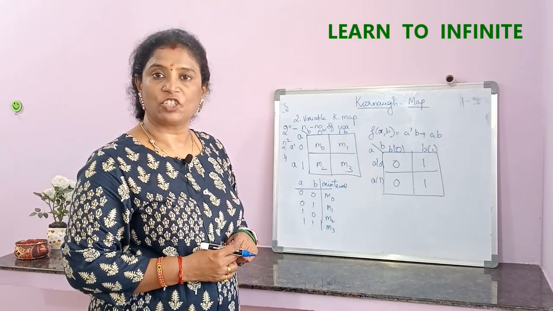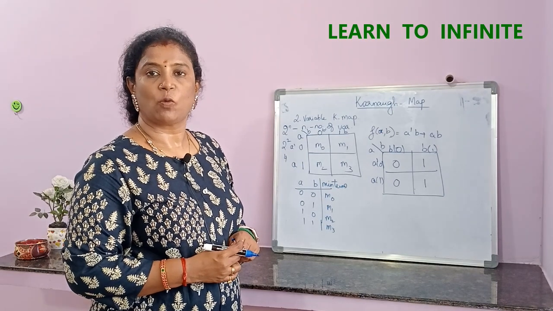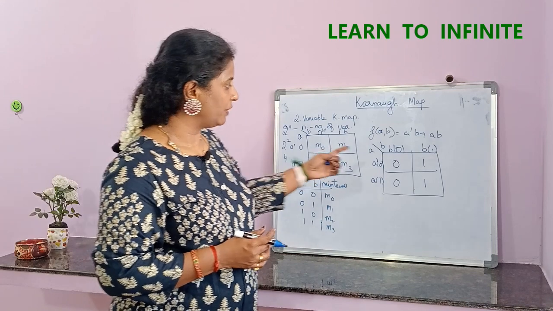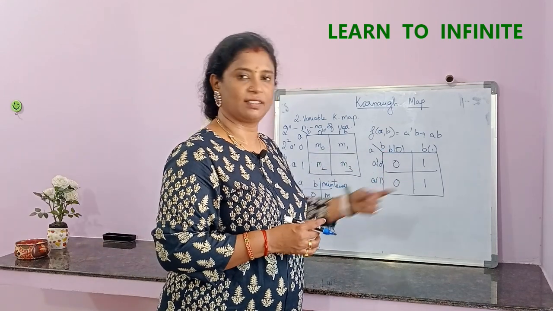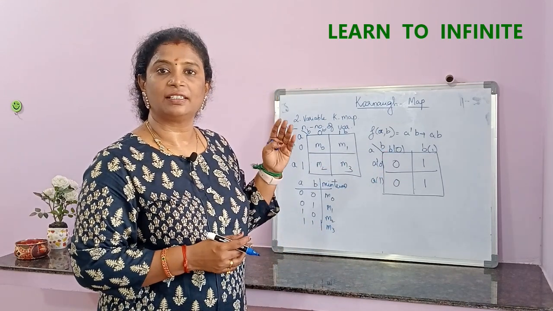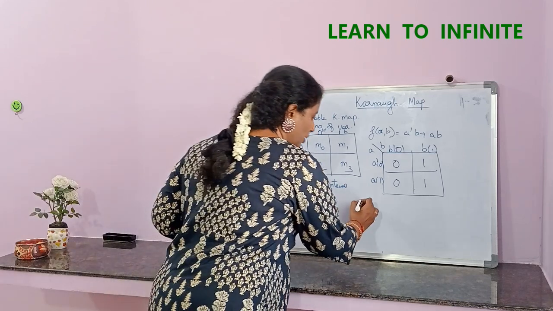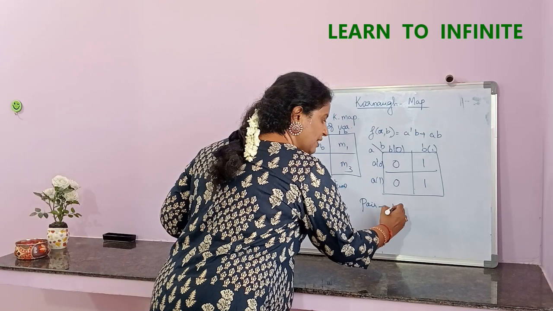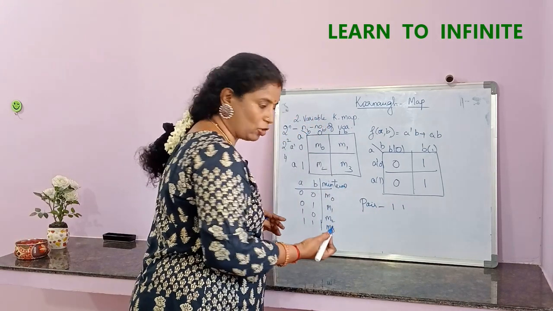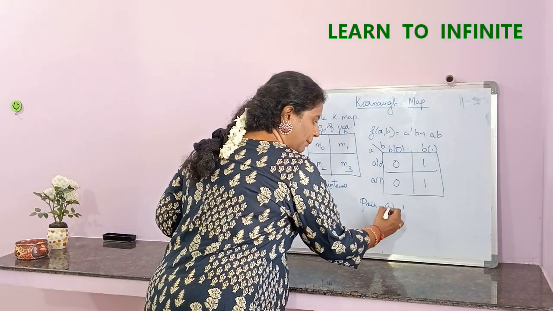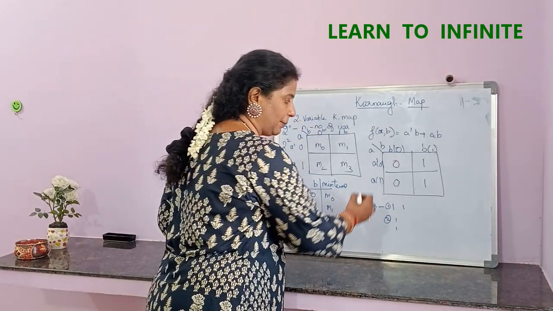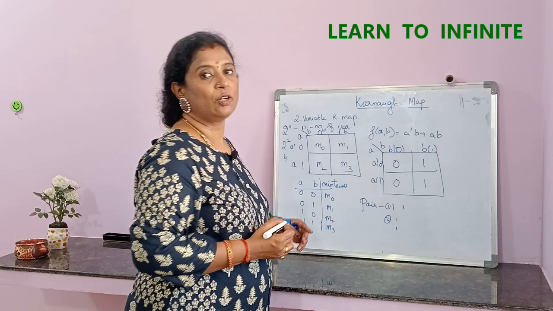Now what we have to do for a 2 variable K-map is first check whether there is a quad. A quad is where you have 4 ones together. Here we don't have 4 ones, we have only 2 ones. So we have to check whether there is a pair. What is a pair? The 2 ones should be adjacent to each other, either in a horizontal manner or in a vertical manner, or in corners, but diagonal ones are not allowed.